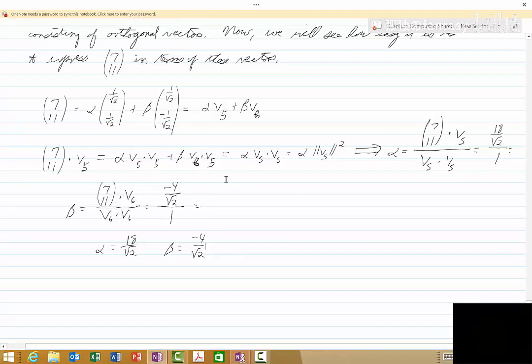So when you have a basis consisting of orthogonal vectors, it makes it much easier to express some arbitrary vector in terms of those basis vectors.